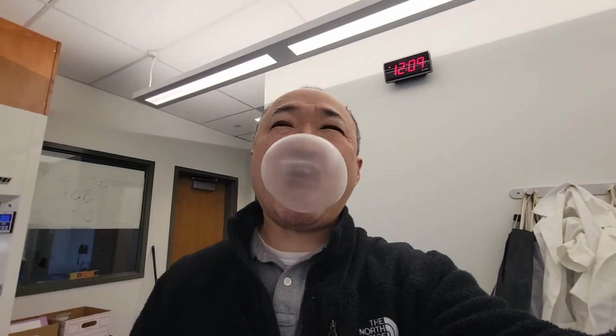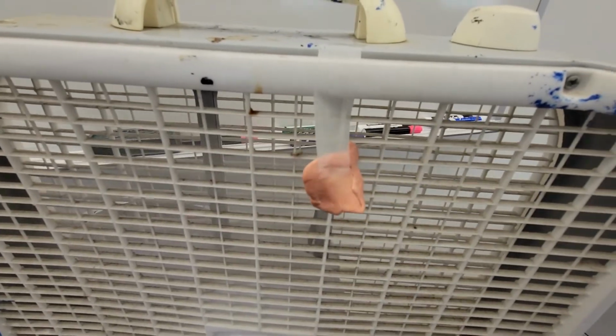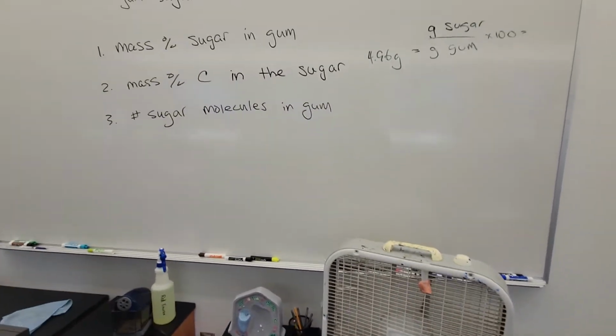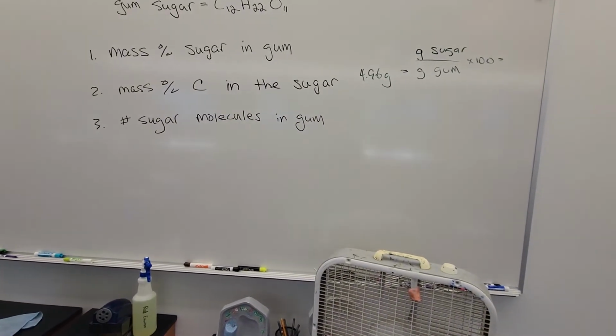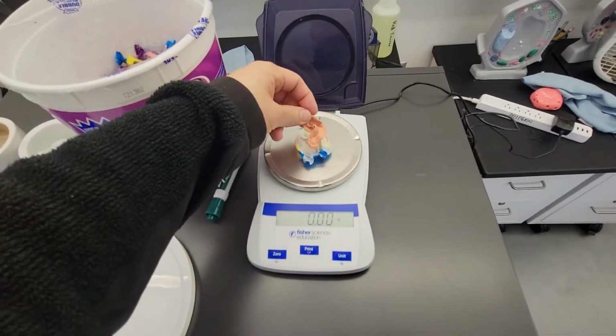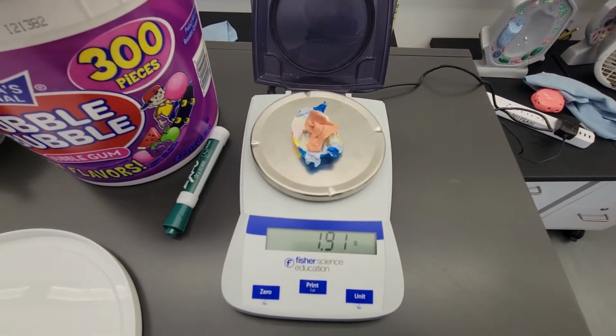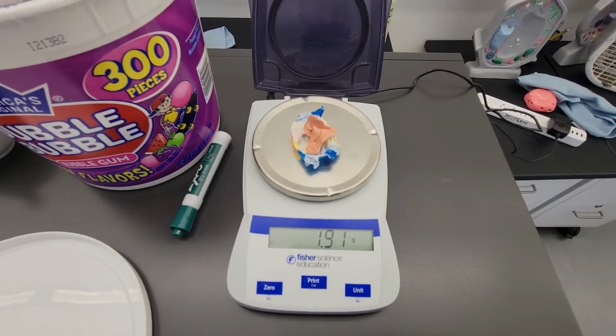I think the sugar is almost all gone. Well, so now I'm drying the gum. So I let that dry, and I'm gonna mass it after I've chewed all the sugar out.